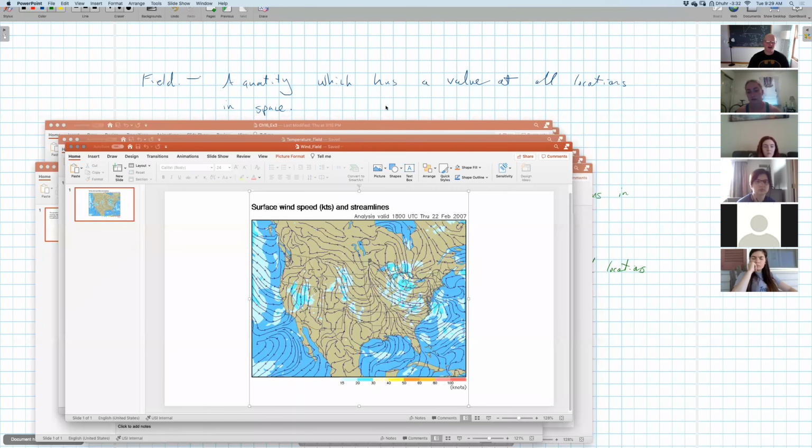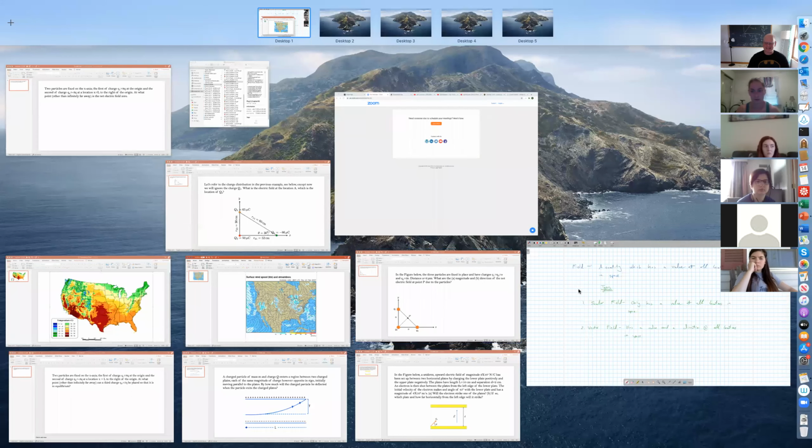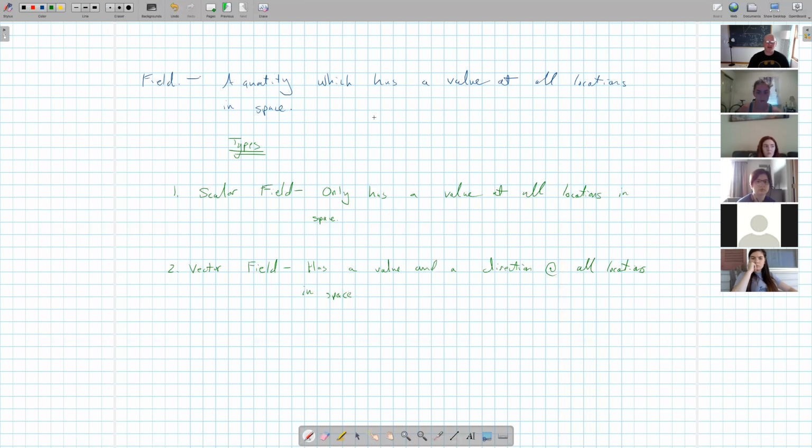What Faraday was saying was that there exists this field, called the electric field, which has a value at every location in space, and it's the value of that field interacting with the charge which then creates the force. But to make it a little more complicated, it has a vector component to it as well, so the electric field is actually a vector field.